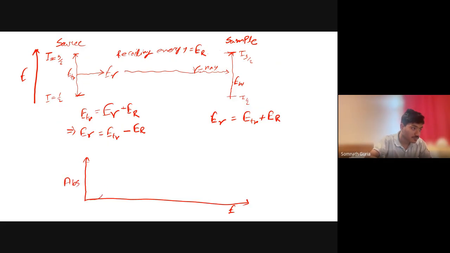If my source looks like this, and this is my transition we are talking about, this is the transition, or the E transition, and due to the recoil we are getting this is E R, this also E R.